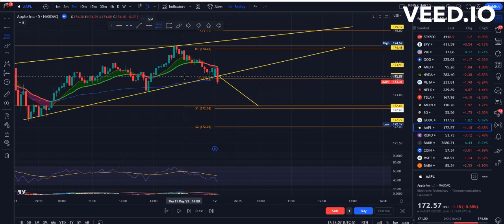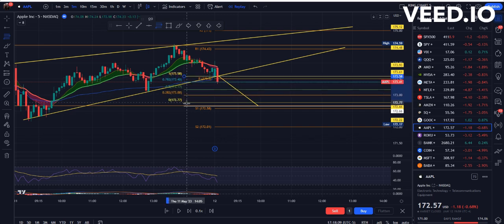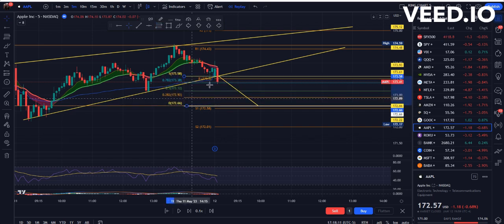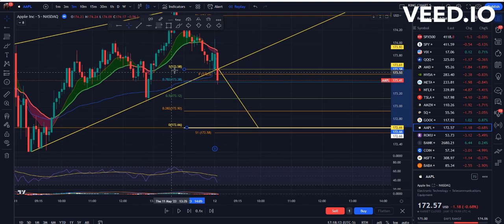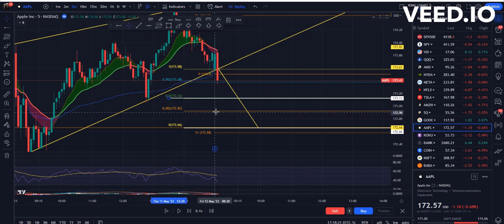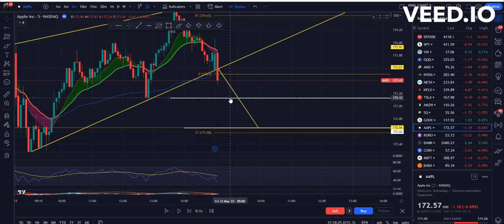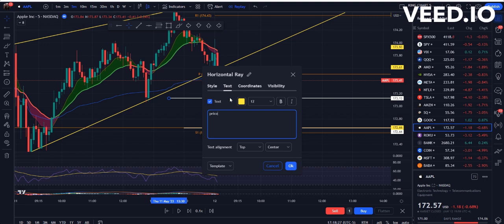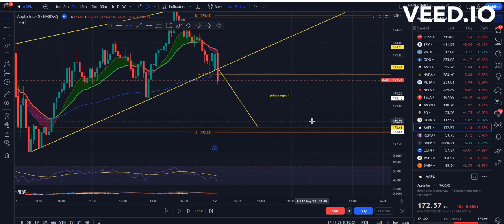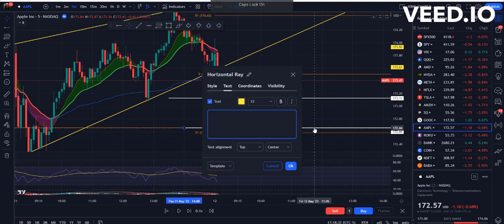If you want to make a halfway point between those, it's always a good idea because sometimes the move doesn't go all the way to the downside. I always like to have a halfway point because it almost always touches the halfway point. We have our price target 1 and price target 2.